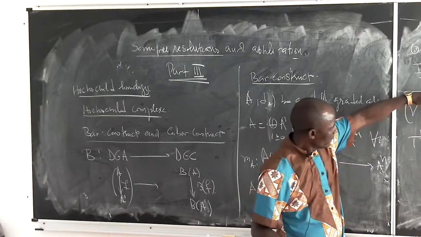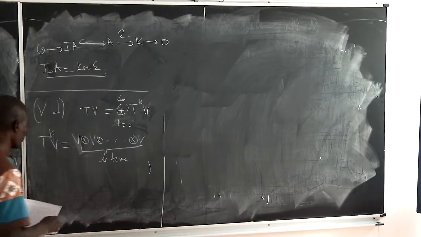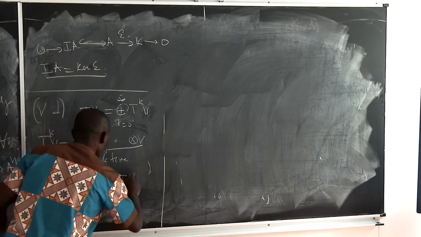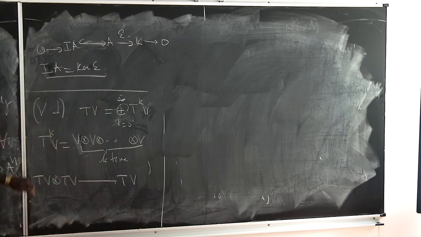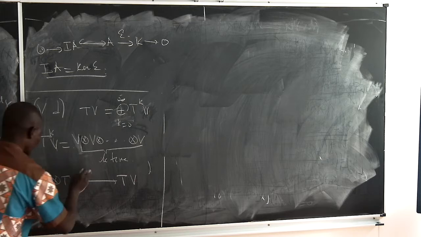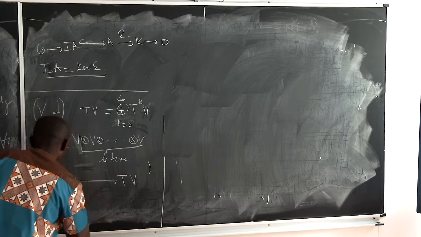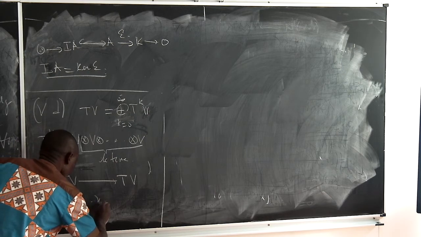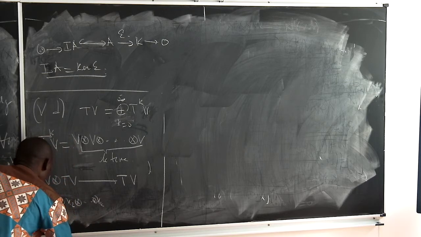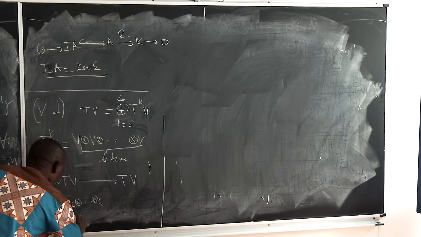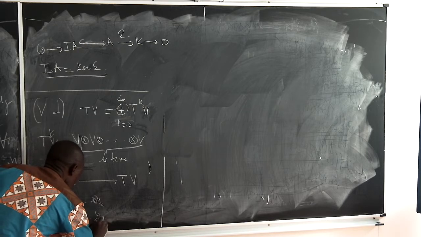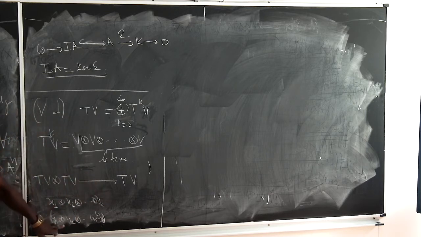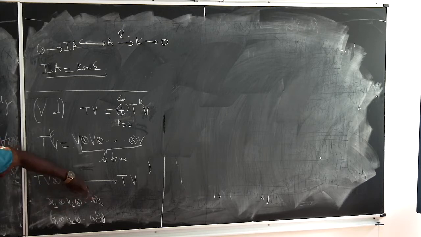There is an algebra structure here defined by what? TV tensor TV is exactly this. It's just a concatenation of the two terms. If you consider here a generic element x1 tensor x2 tensor up to xk, and y1 tensor y2 tensor y3 tensor up to yk, to multiply this by this one is just to concatenate these two elements.